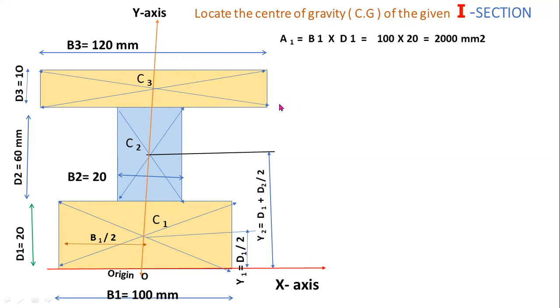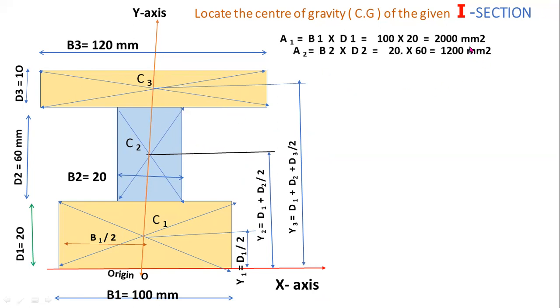Now y3 is the distance of centroid C3 from x-axis. Now you can observe the given I section is symmetric about y-axis. Therefore, the values of x1, x2, x3 are 0.